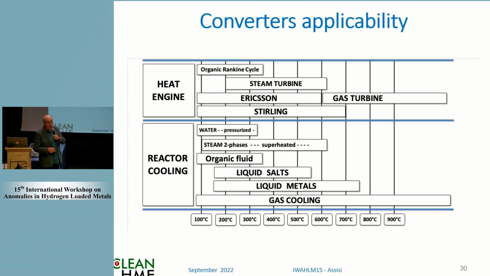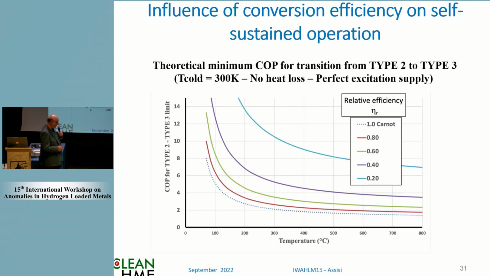Once again, we know all the operating parameters of your reactors. And at the end, if we want sustained operation, according to this reactor temperature and according to the relative efficiencies of your machine, of your converter, these are the COPs you must reach to obtain a self-sustained operation.